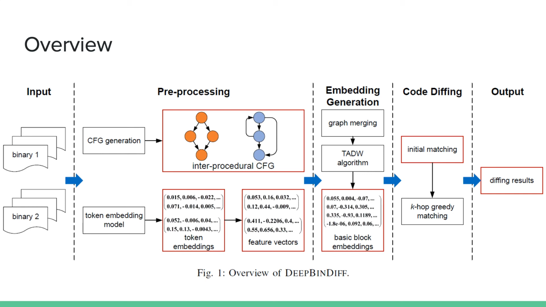It can be broken down into 3 major components: pre-processing, embedding generation, and code diffing. Pre-processing can be broken into 2 further parts, which is control flow graph generation and feature vector generation. The interprocedural control flow graph is what is generated in the CFG, and they use this data to help figure out which basic blocks are more likely to map to each other.